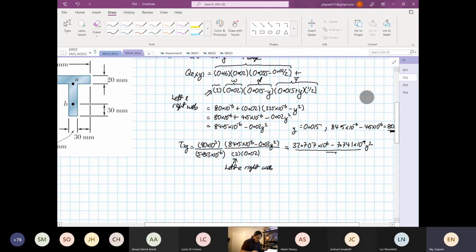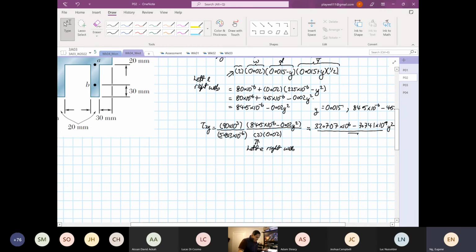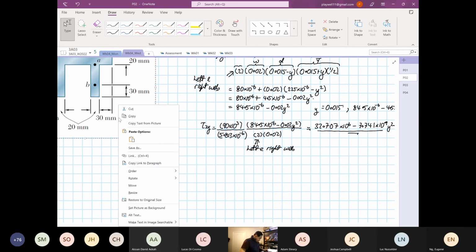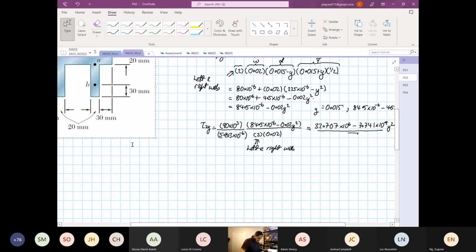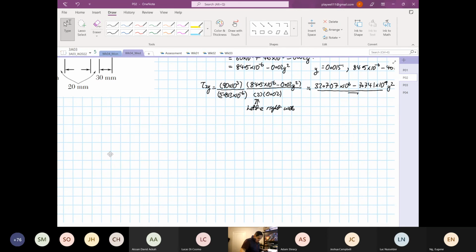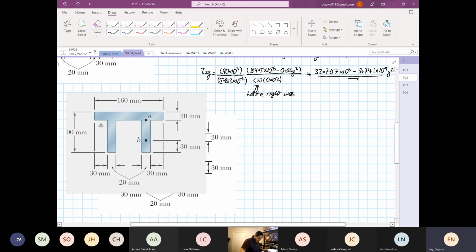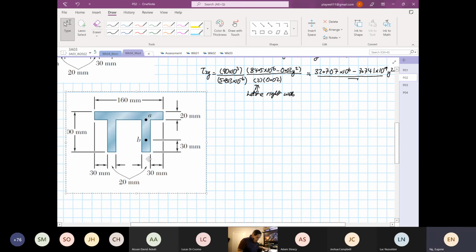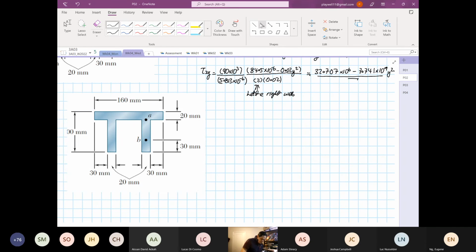So now we're going to sketch the distribution. I'm going to eyeball this, and I'm going to use green.